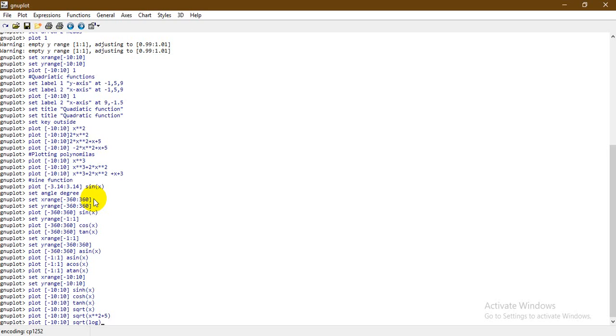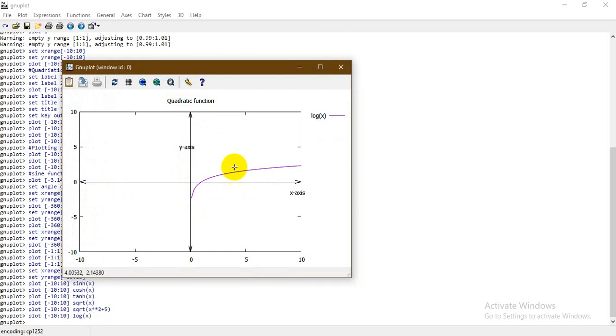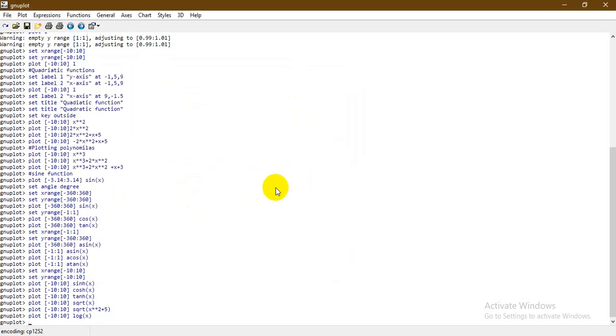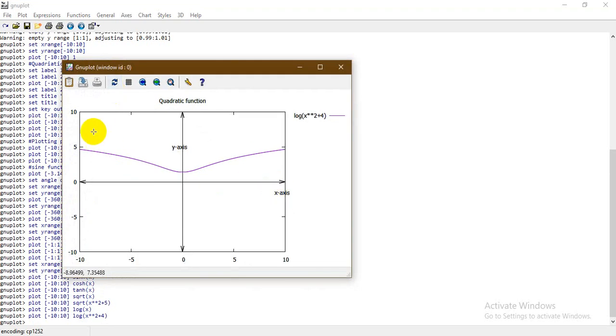So I want to remove now this square here. Let's say I want to write the log of x first. So the log of x is going to be plotted as such. Now let's say I want to plot the log of x squared plus 4. So now the log of x squared plus 4 is going to be drawn as such.